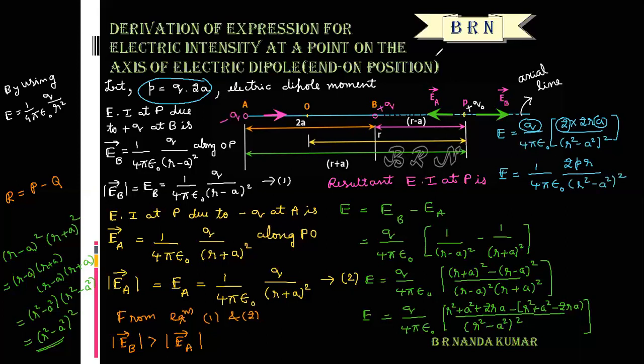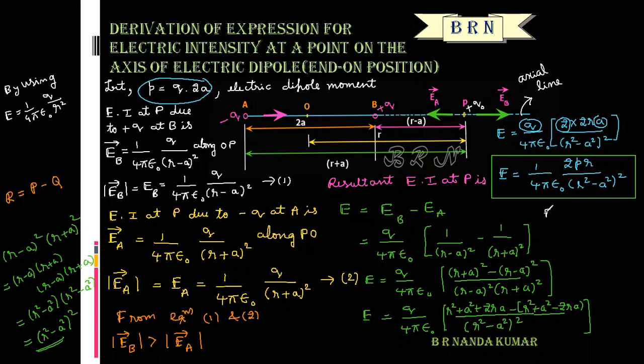So this is the mathematical expression for electric intensity at a point on the axial line. And this is a very important mathematical expression.